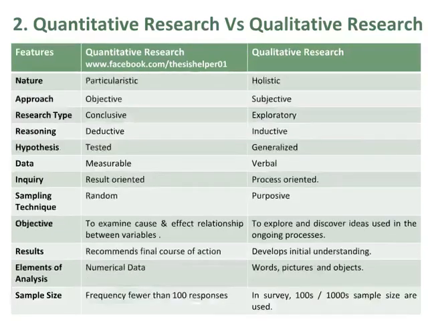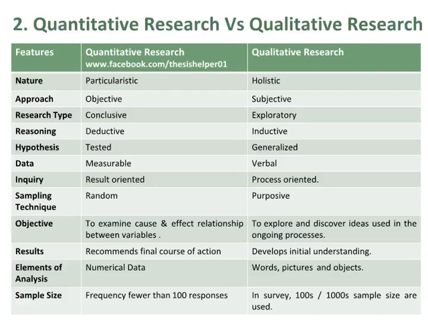The nature of quantitative research is particularistic, while the nature of qualitative research is holistic. The approach of quantitative research is objective, the approach of qualitative research is subjective. The research type of quantitative research is conclusive, while the research type of qualitative research is exploratory.